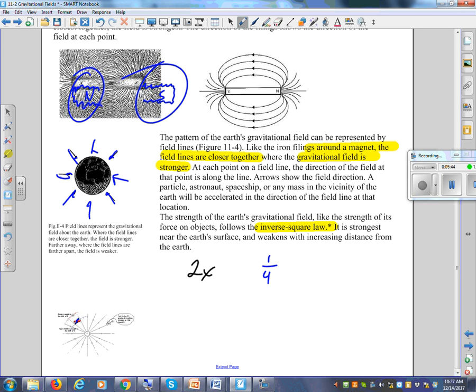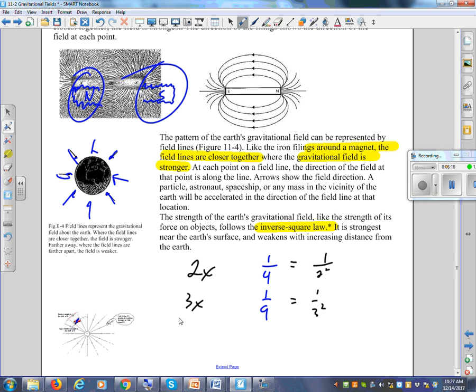What's going on here? If you're 3 times as far, it's going to be what strength? 1/9. Where am I coming up with these numbers? It's the inverse square law. So you go 1 over 2 squared, which is equal to 1 over 4. 1 over 3 squared is 1/9.